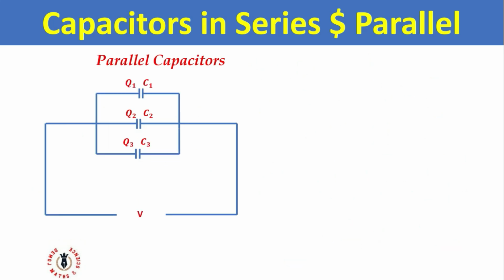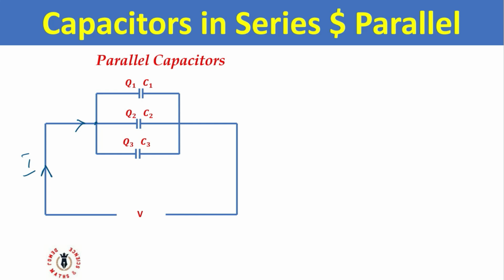Now when capacitors are connected in parallel, it will also deliver current I. On getting to the node here, the current will actually be divided into the loops, so the charge deposited on C1 will be different from what is deposited on C2, and different from what is deposited on C3.